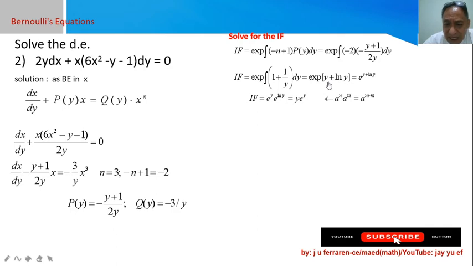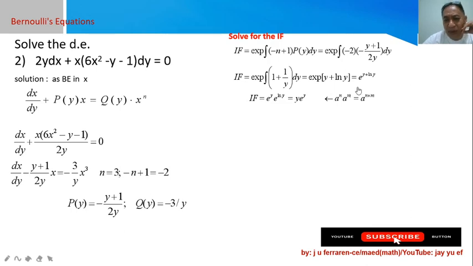That is y, correct? Because we integrate only a dy. The dy over y is ln y. So we can write that also as exponential y plus ln y. And according to the law of exponents, if we have a to the power n plus m, this actually originates from a factored form of e to the power n multiplied with e to the power m.